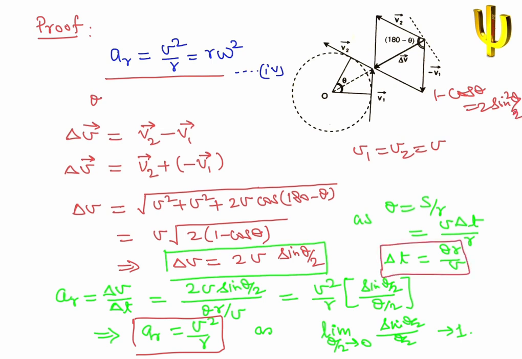So we have now two types of acceleration, radial acceleration and tangential acceleration. Radial acceleration AR is equal to V square by r, and tangential acceleration AT is equal to r alpha. We will discuss some important features of the radial and tangential acceleration.